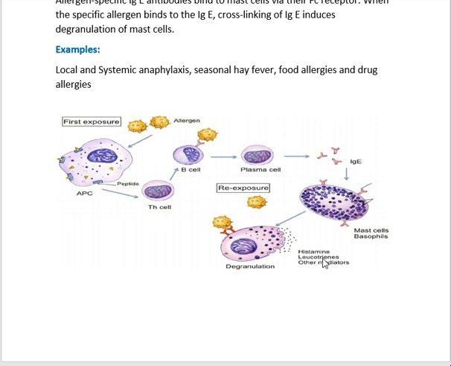So these are some of the physiological mediators released because of this degranulation.